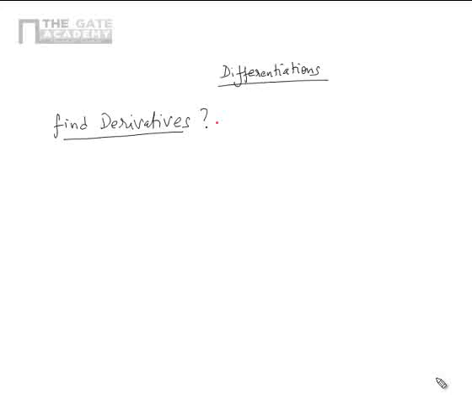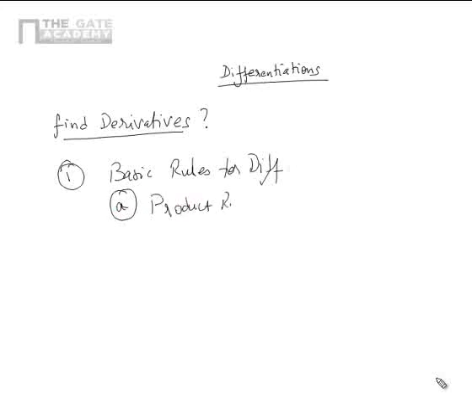First thing we are going to see is some basic rules of differentiation. One, in this subheading A, is the product rule. What do you mean by product rule?